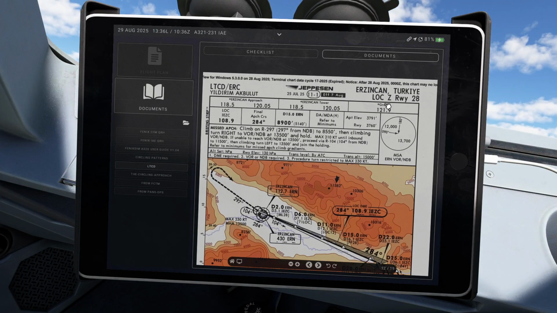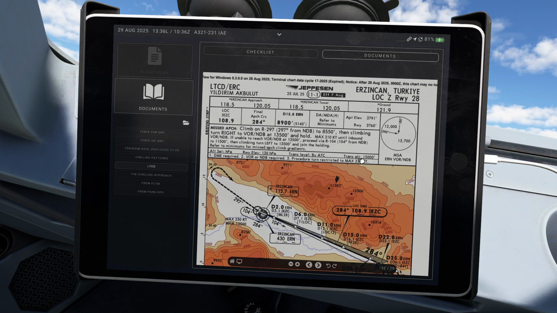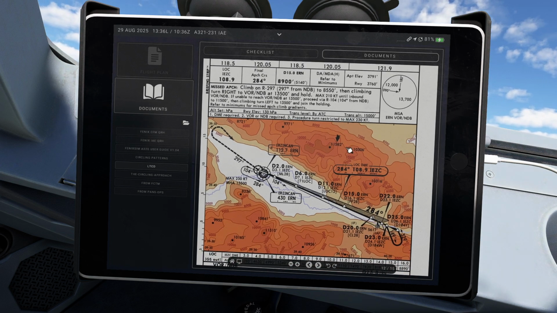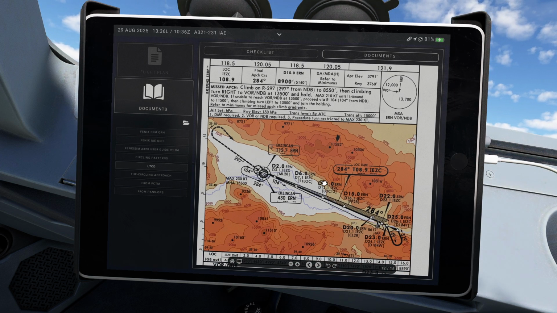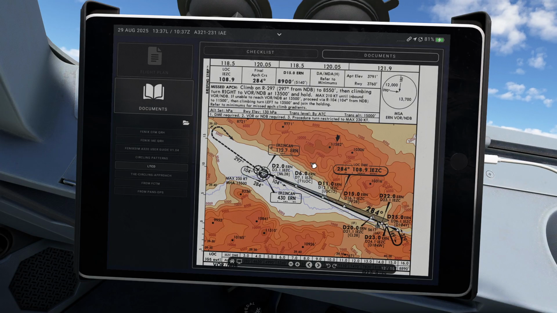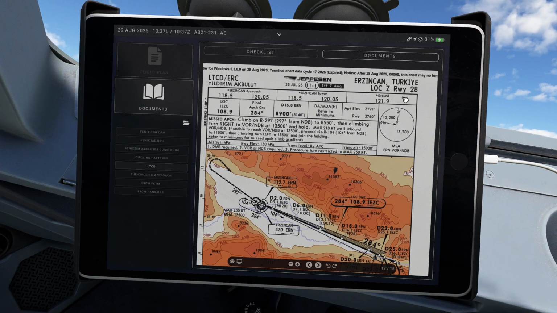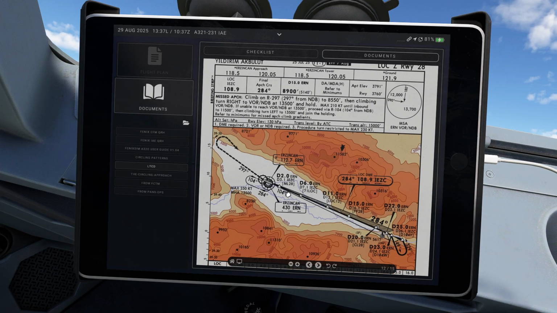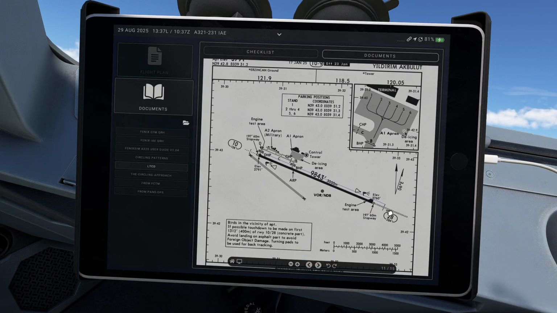The first one is for localizer Zulu runway 28, where we have some difficulties going through to runway 10. The airport actually has two runways, runway 10 and runway 28.